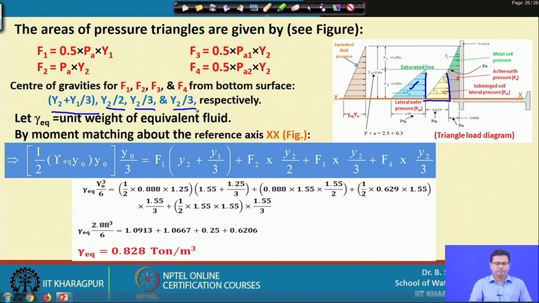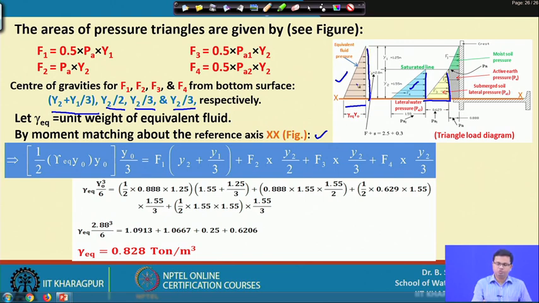So, now we have to take the moment over the reference axis x x. So, the moment for this equivalent fluid pressure, and here the base is gamma equivalent into y 0 into height is equal to y naught, that equal to y 1 plus y 2. So, this area also you can estimate.